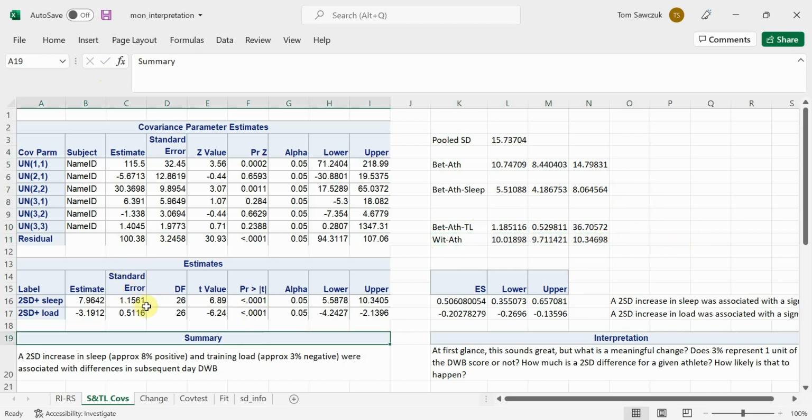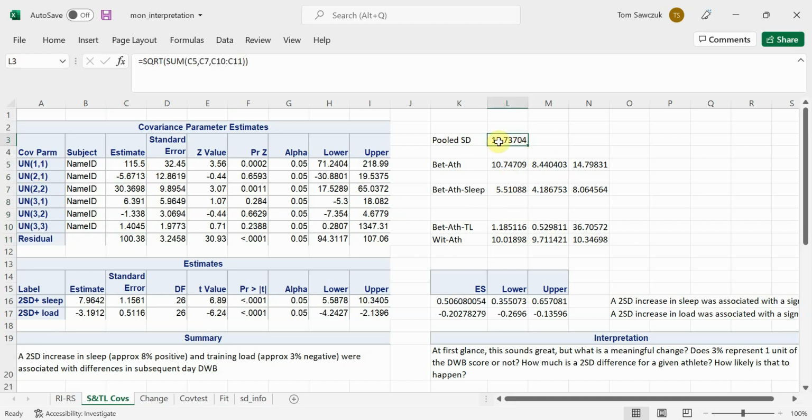And we have the individual estimates. Remember, for this pooled standard deviation, this is now a sum of all of the unstructured variables that have the same number. So between athlete variation, between athlete sleep variation, between athlete train load variation, and the within athlete variation, sum those 4 numbers together, then square root them.